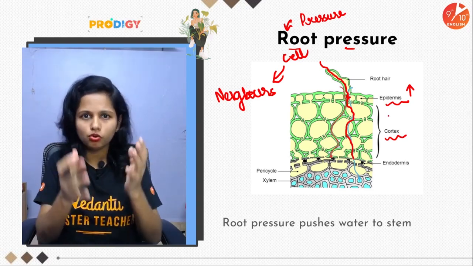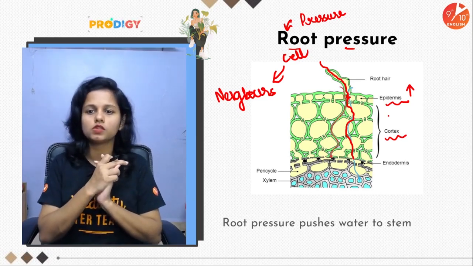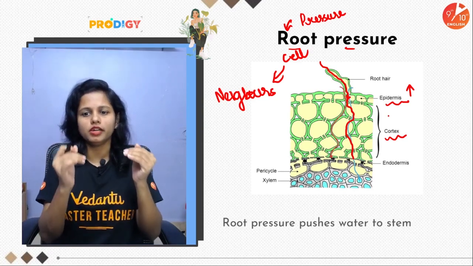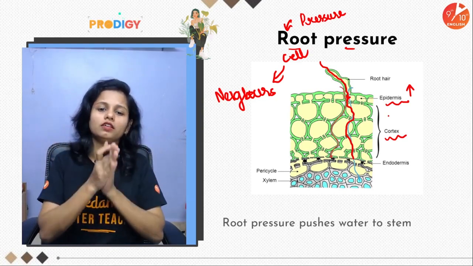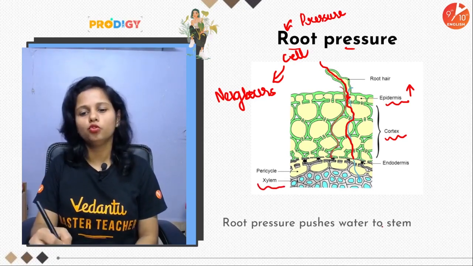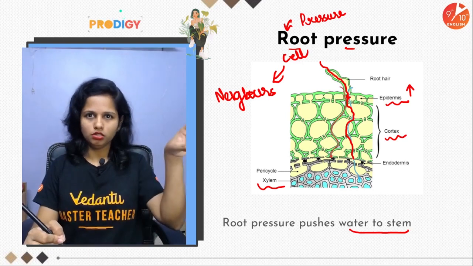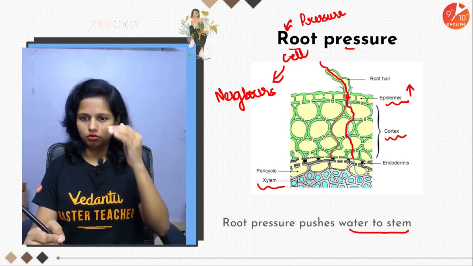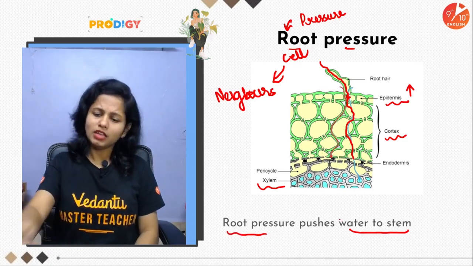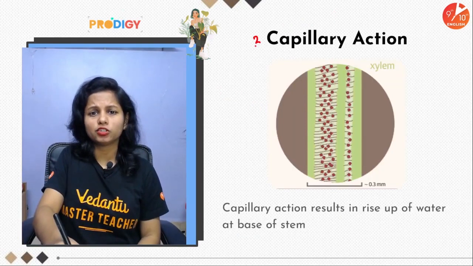Likewise, this root pressure pushes the water and minerals from the epidermal cells to the cortex cells, from the cortex cells to the endodermis, and from the endodermis to the xylem. So root pressure helps to push water to the stem. See, root hairs, osmosis, root cells to xylem, root pressure.